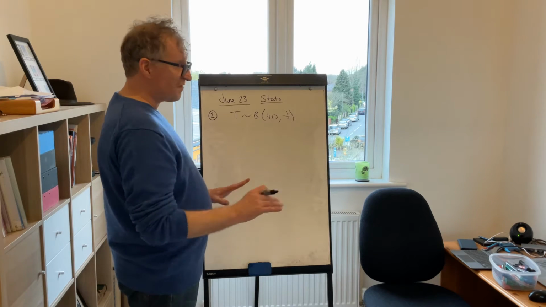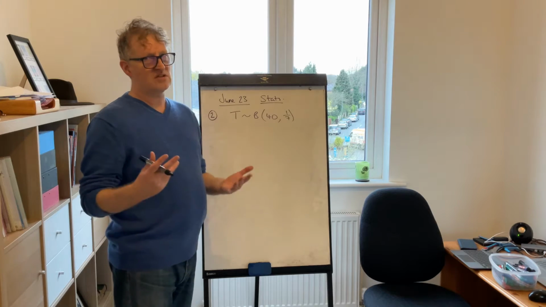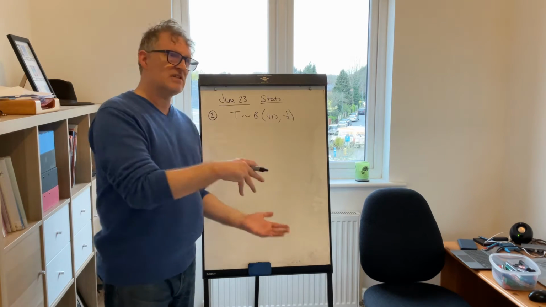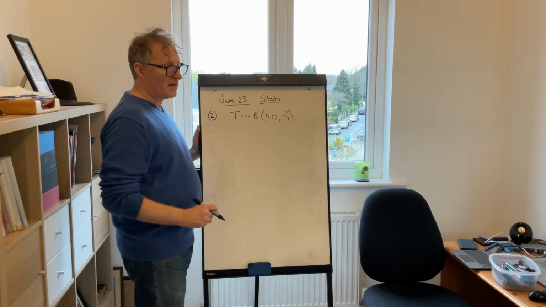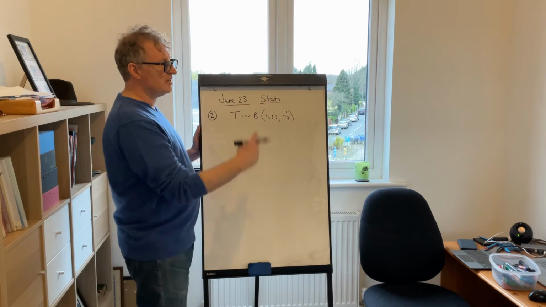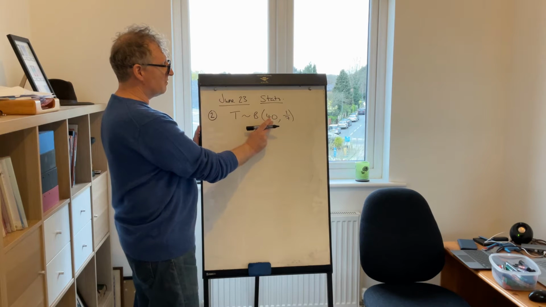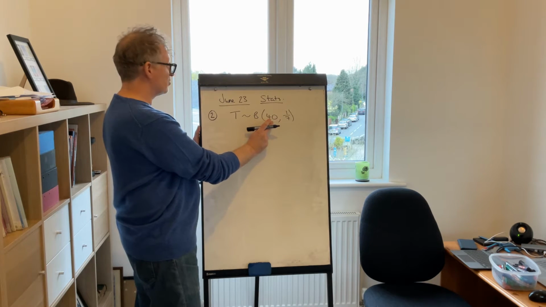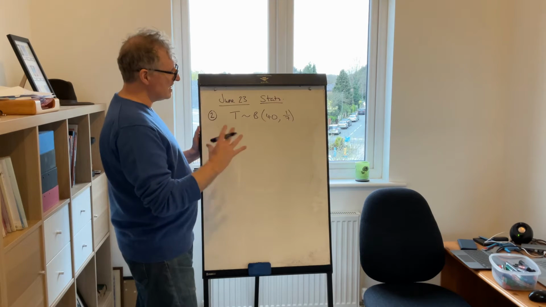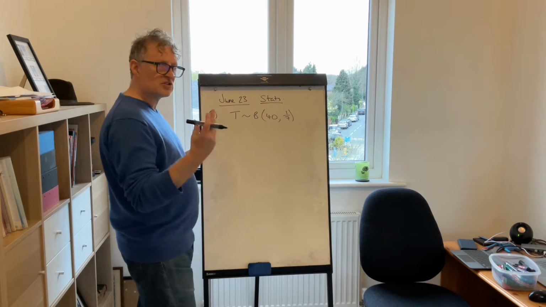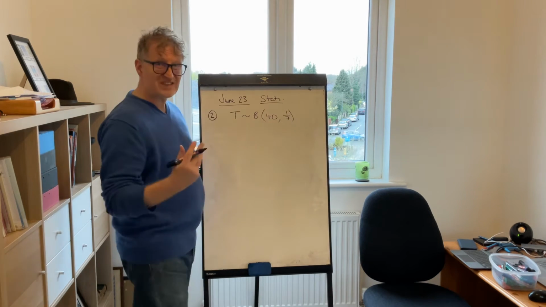So the first one is just a straightforward 1 marker about whether you know what conditions you need to be able to use the binomial distribution. It says state a condition needed for T to be modelled as binomially distributed with 40 as our number of trials and 1/7 as our probability. The two main things to concentrate on, firstly, is our probability, 1/7.